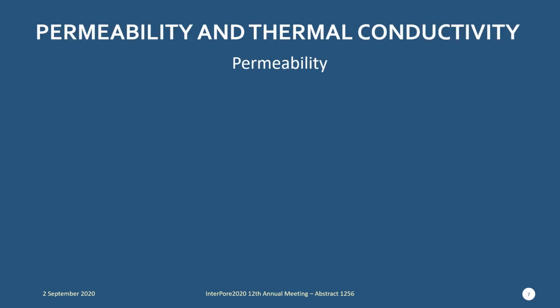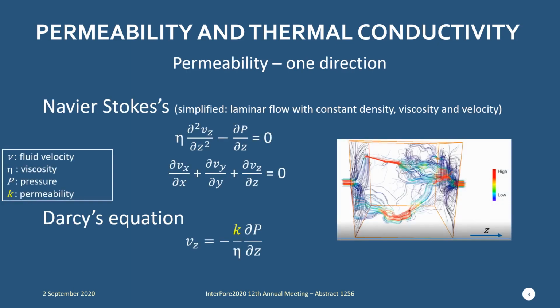Permeability can be defined as the ability of the rock to transport fluid. Permeability is a tensor, but in this work, we calculate only permeability in one direction.